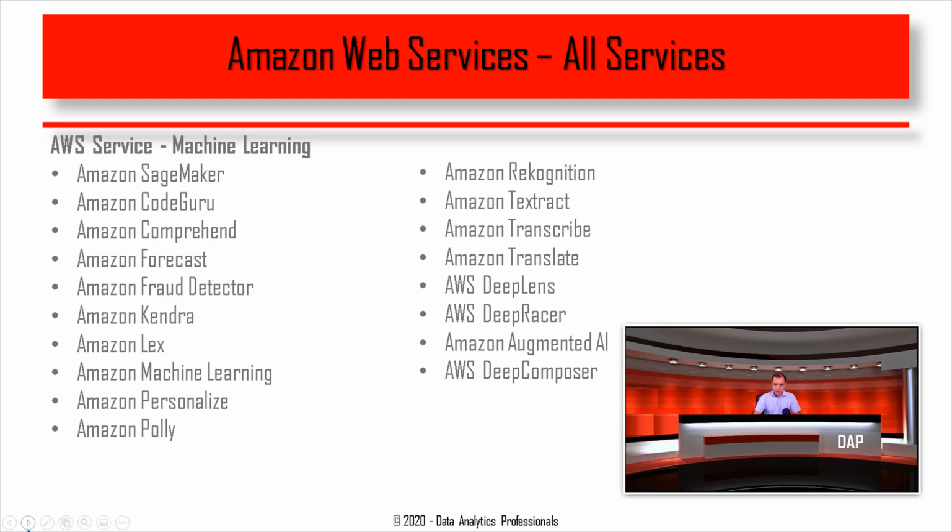Amazon Transcribe, Amazon Translate, Amazon DeepLens, Amazon DeepRacer, Amazon Augmented AI, which stands for Artificial Intelligence, and AWS DeepComposer. So these are the services we can use, and I am going to pick some of them and show you how we can use them for machine learning. Just bear with me. But these are not the only services that Amazon Web Services provides.